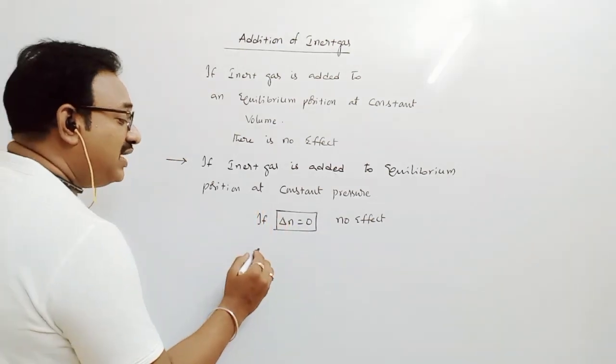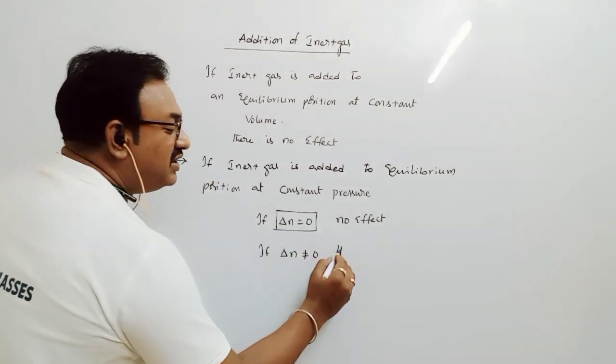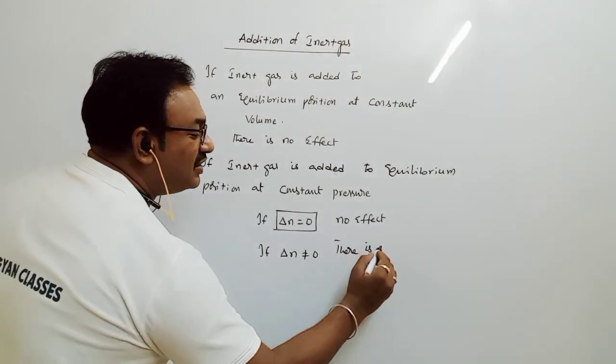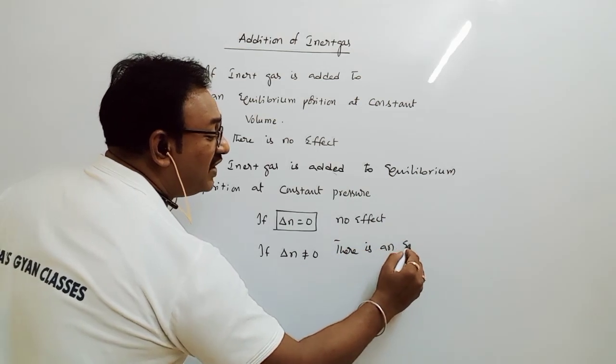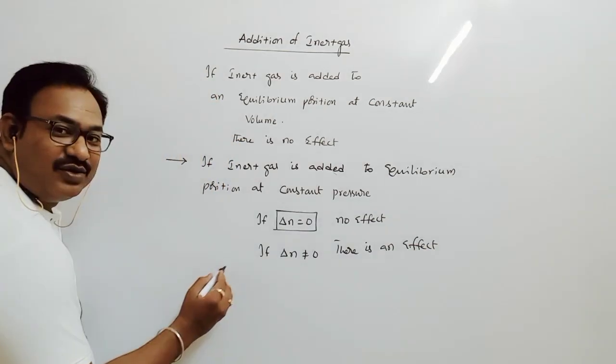Next, if delta n is not equal to 0, there is an effect. So how?